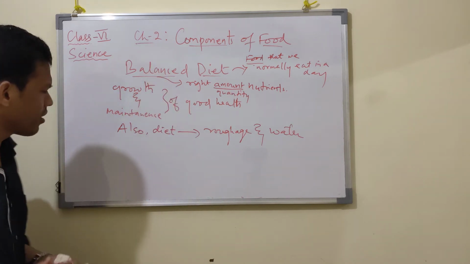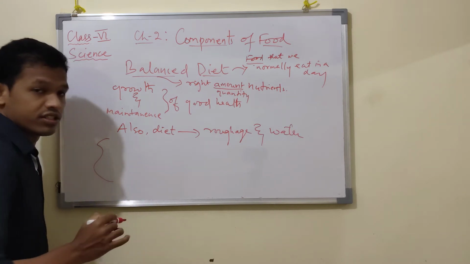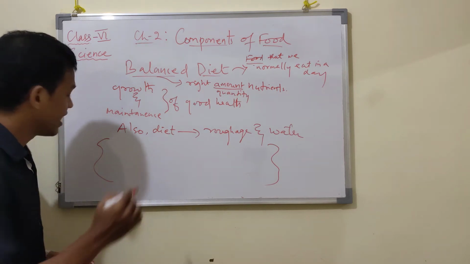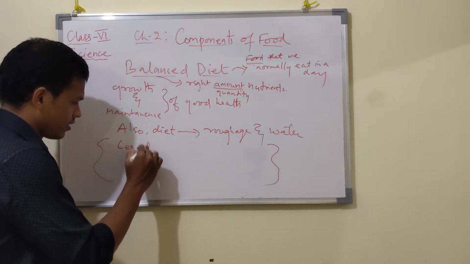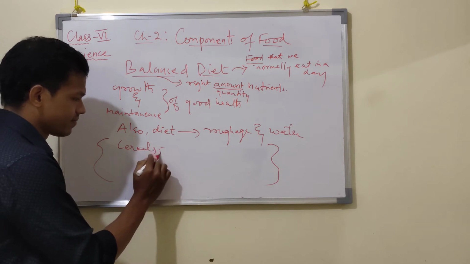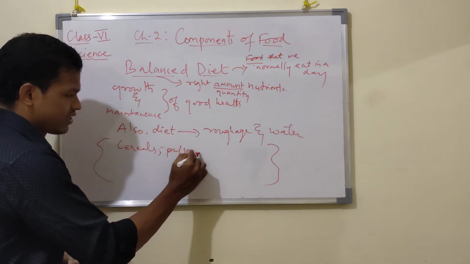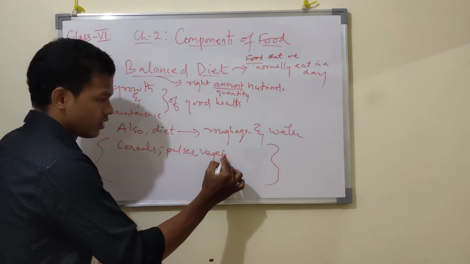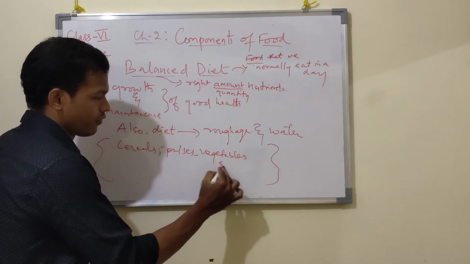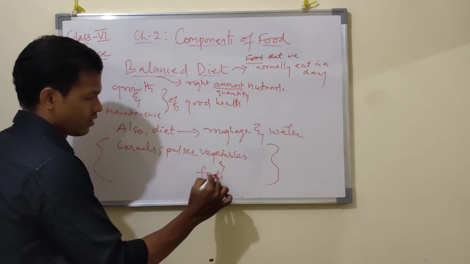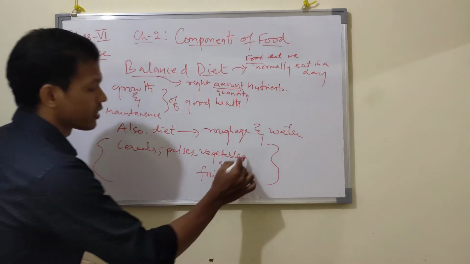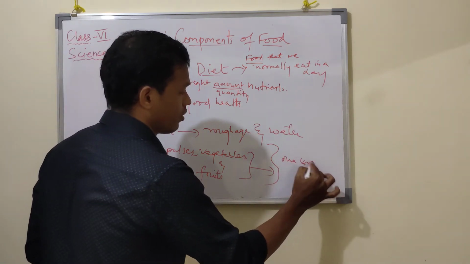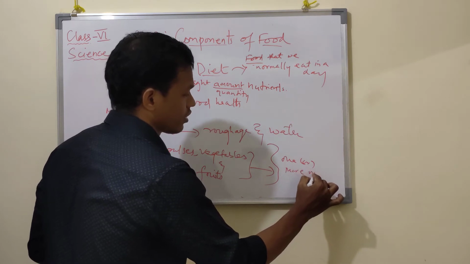So what are the foods that we eat in day-to-day life? Cereals, pulses, and also vegetables and fruits. These all contain one or more nutrients.